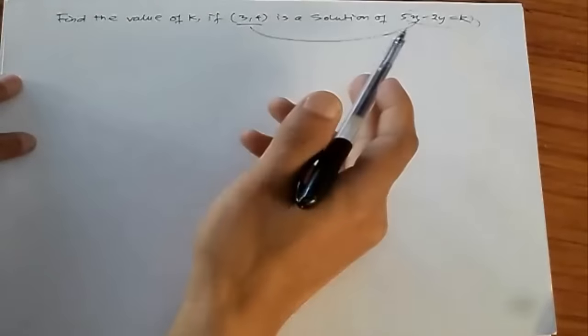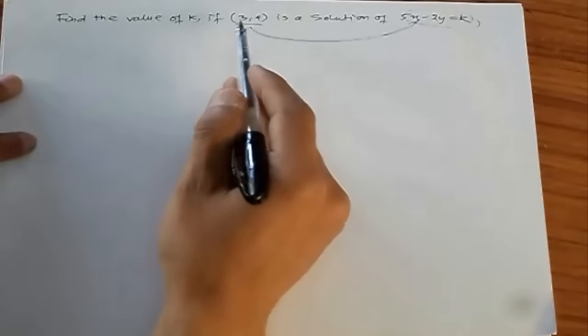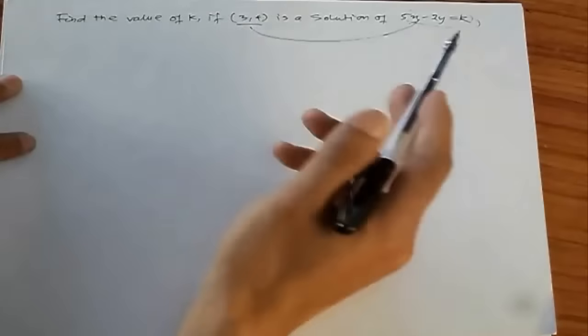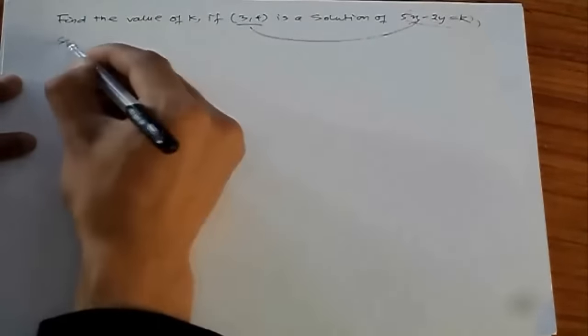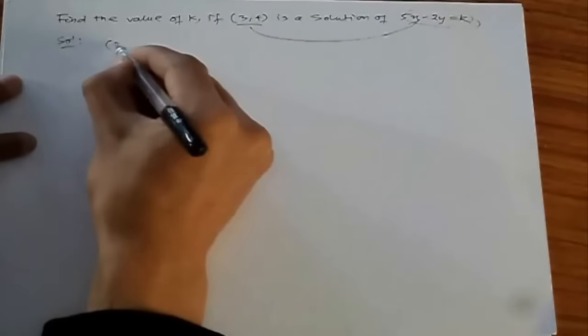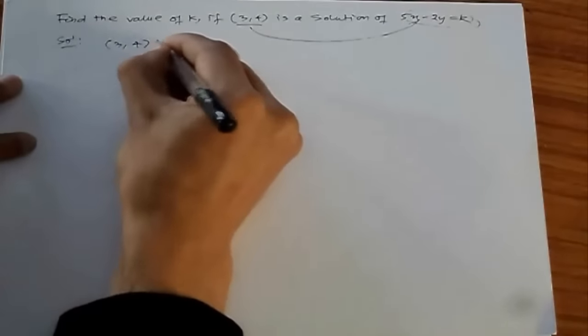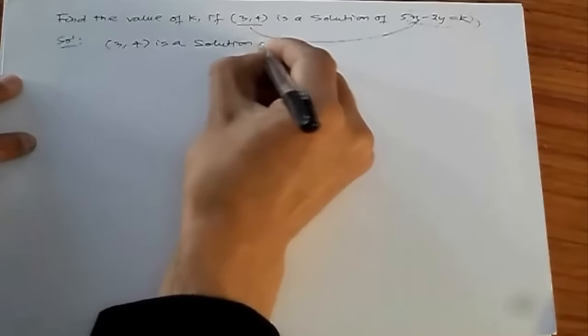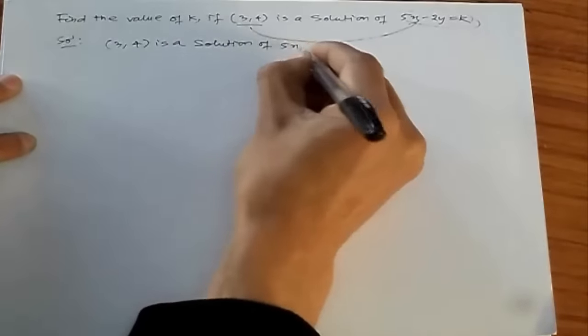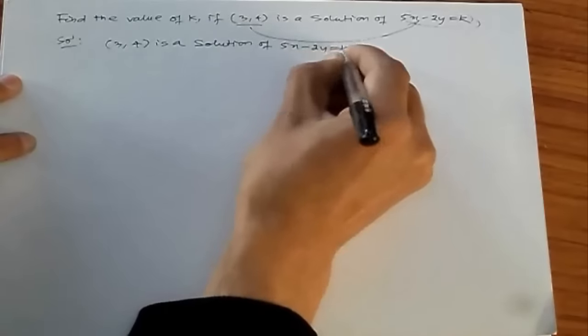So this ordered pair is a solution means when simultaneously you take x equal to 3, y equal to 4, left hand side and right hand side become equal, right? So what is given? (3, 4) is a solution of 5x minus 2y equal to k.